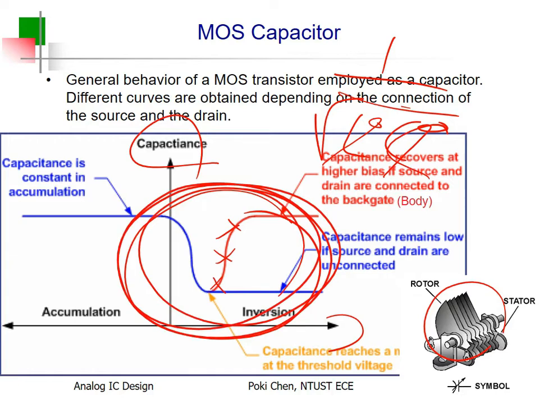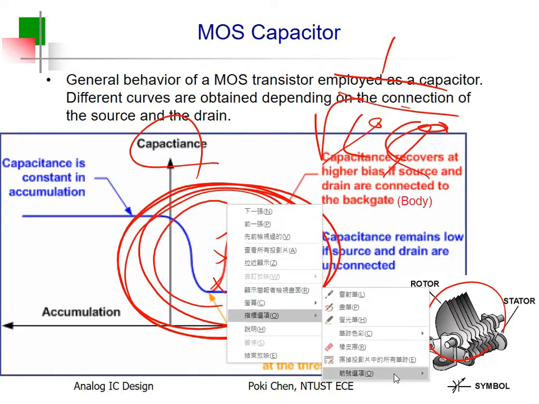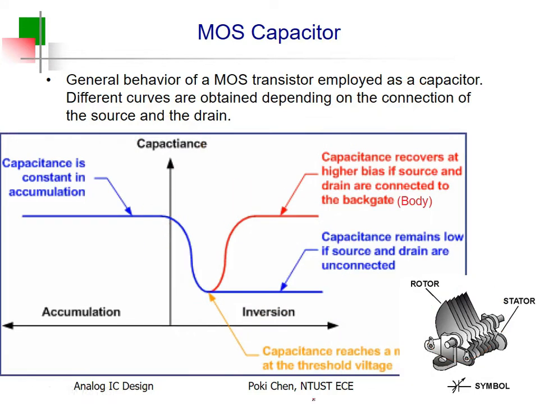For analog IC designers, you need to pay attention not only to the good issues, but also the bad issues. For example, this is bad because the capacitance changes a lot according to terminal voltage. But this is also good. It can help you to change the capacitance when necessary.